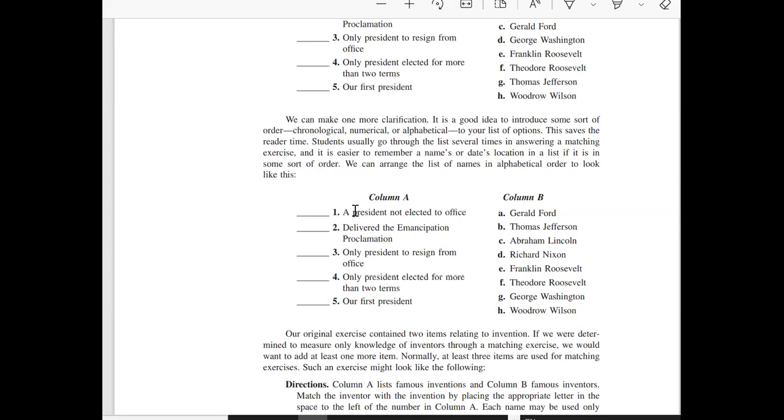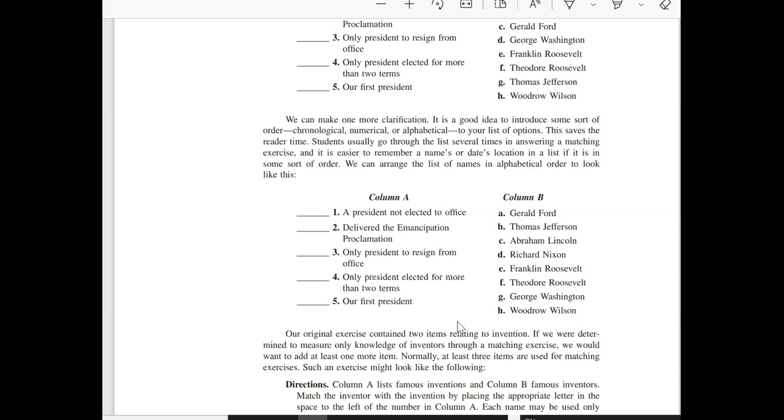The statement, the explanation, the definition must be on the left-hand side with numbers. And there must always be one or two extra on the right. And then, of course, your instruction has to be very clear as to how they are doing it, right? Yes, ma'am.